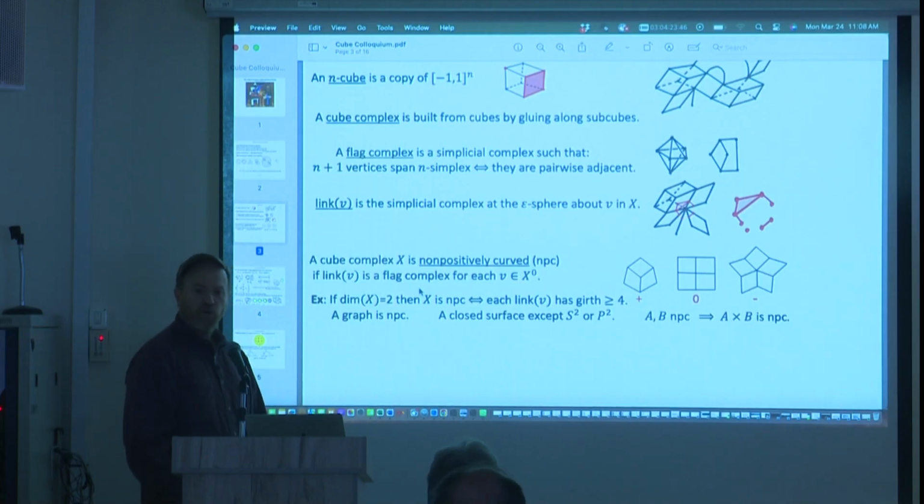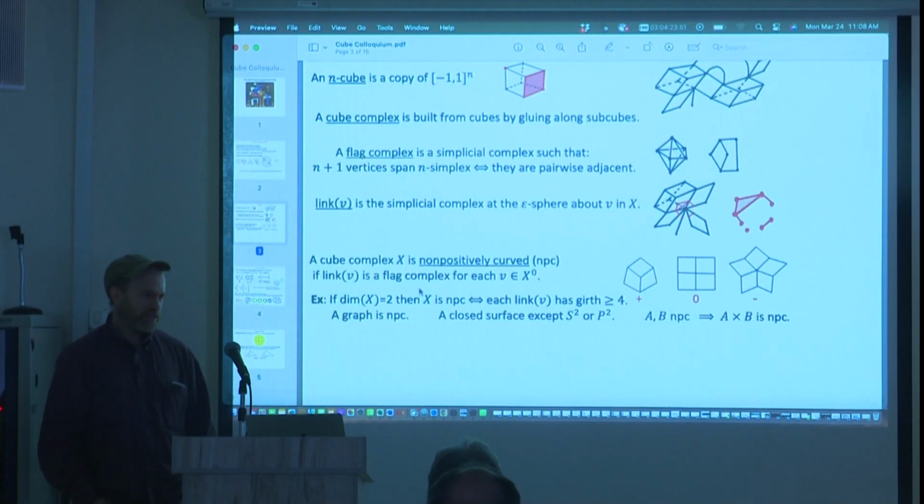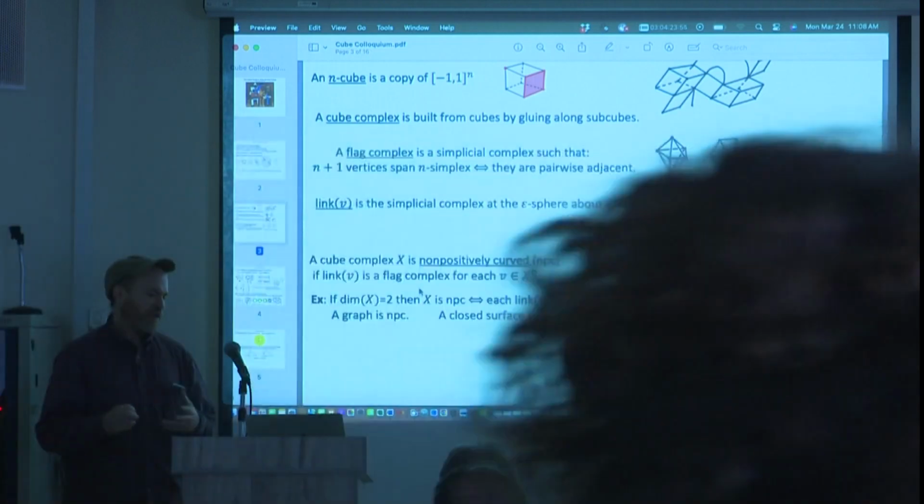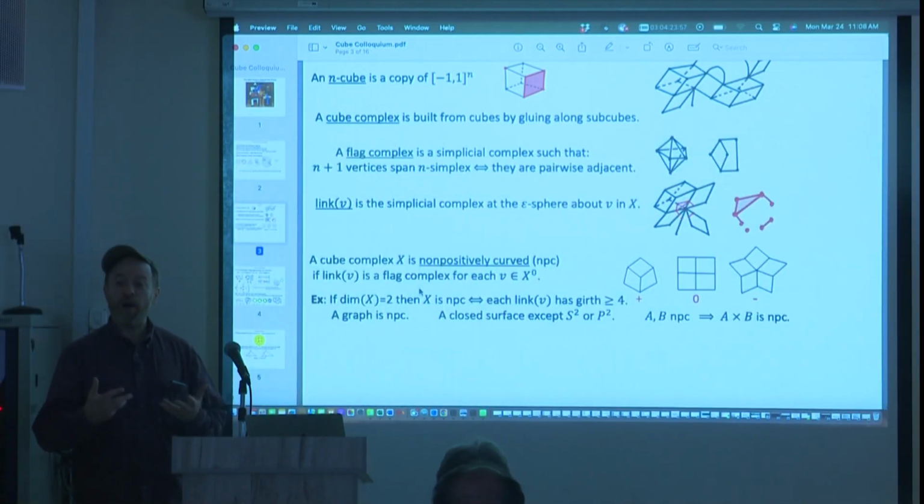So now you all know what non-positively curved cube complexes are. It's a very simple combinatorial way of thinking about curvature. It's not so clear why this is the right definition, or why the word curvature is even being used over here, but it's the right definition.